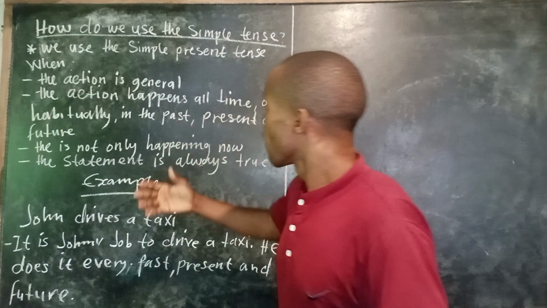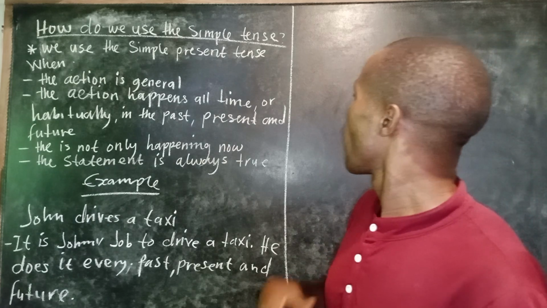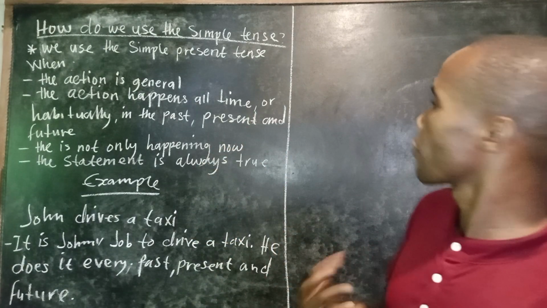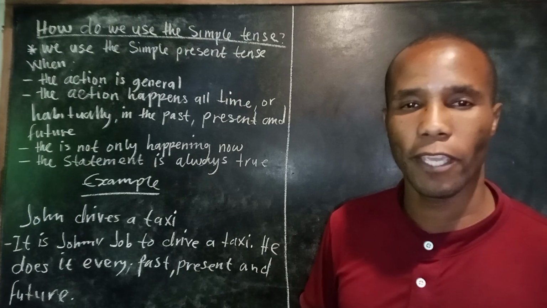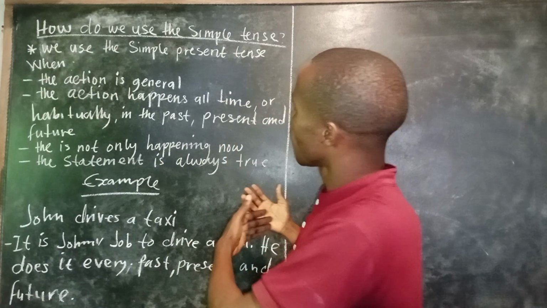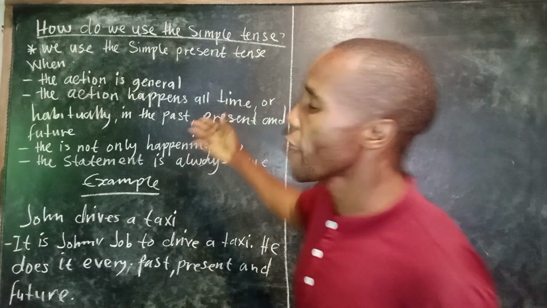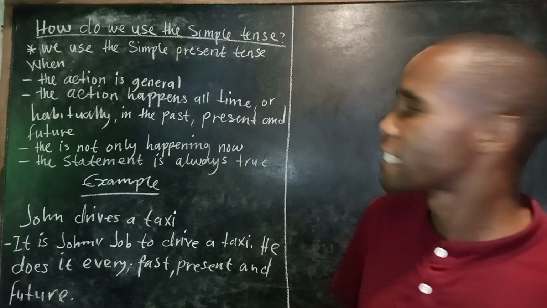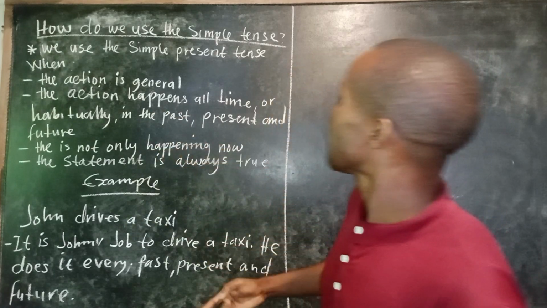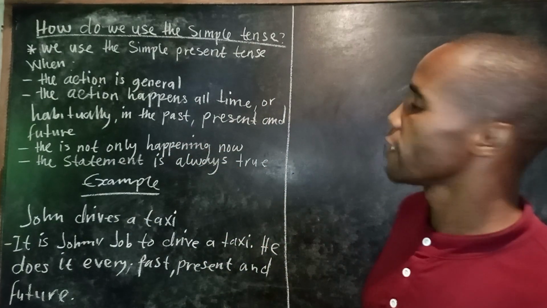Then two, the action happens all the time or arbitrarily in the past, present, and future. So the present simple tense can be used when the action happens at all times or arbitrarily in the past, present, and the future.